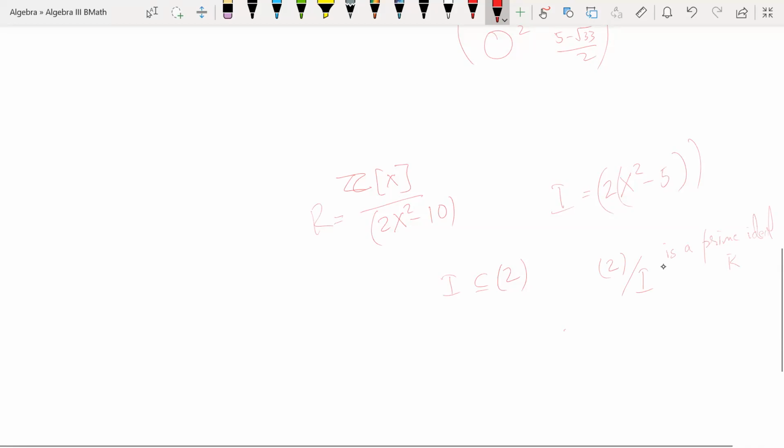So for instance you can take (2, x square minus 5). This also contains I, obviously, because it in fact contains 2, and this you can show is a maximal ideal. Okay, let me just think about it.